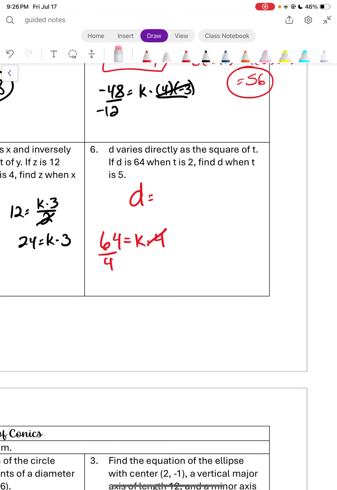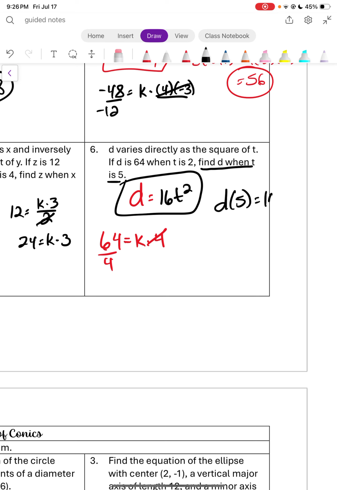So d equals 16t squared is your equation. Then they're going to give you the scenario. Find d when t is 5. So again, what we're looking for is d of 5. That's going to be 16 times 5 squared, which is going to be a total of 400.